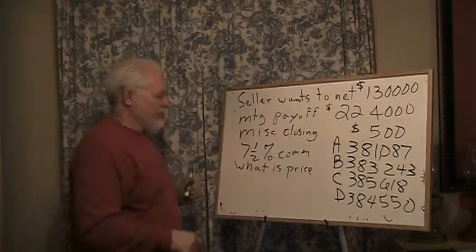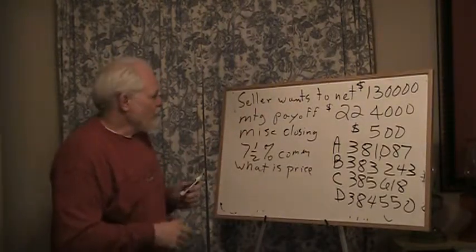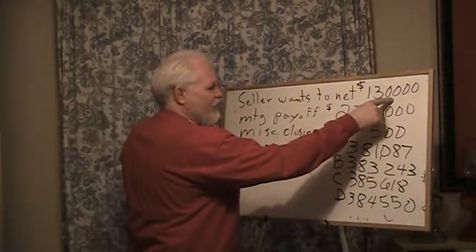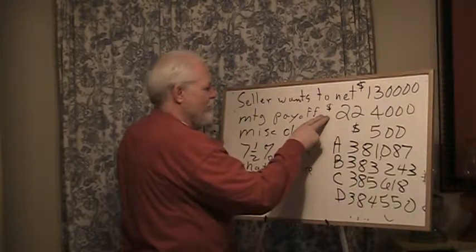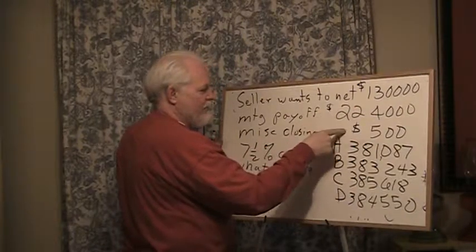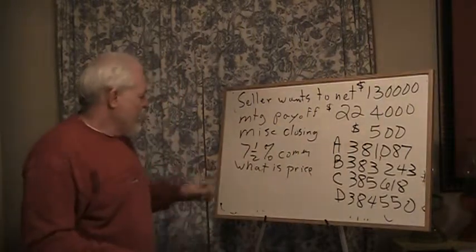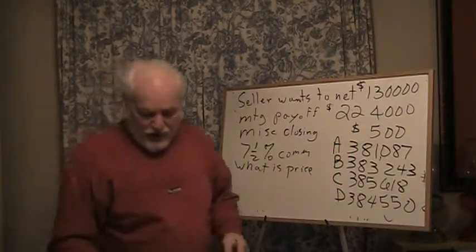All right. And here's the question. So here's the deal. We got to get $130,000 for Mr. Seller, plus $224,000 for the bank, $500 for miscellaneous closing costs, and 7.5% of the money goes to the realtor.